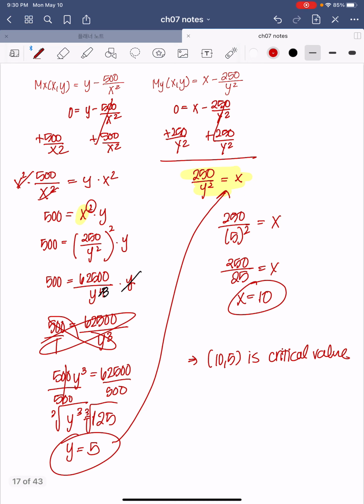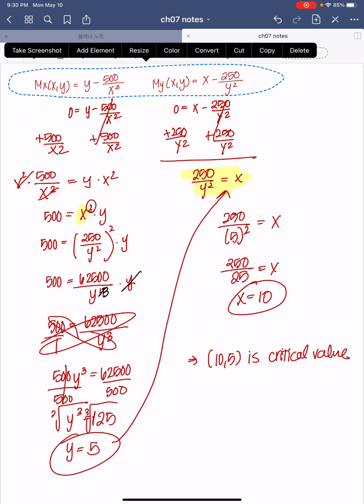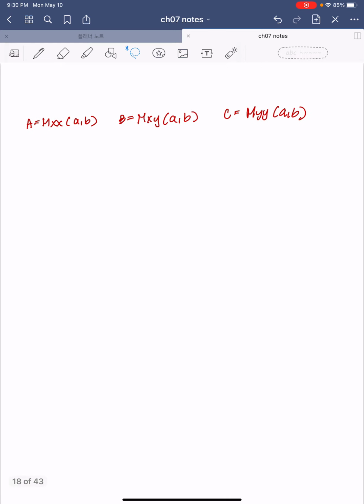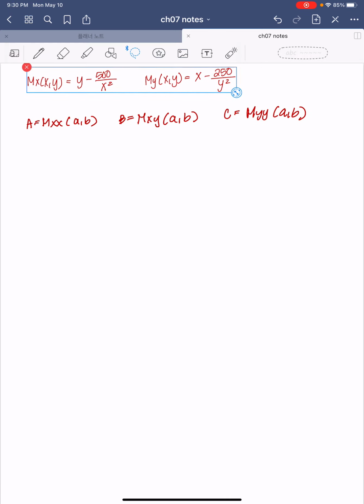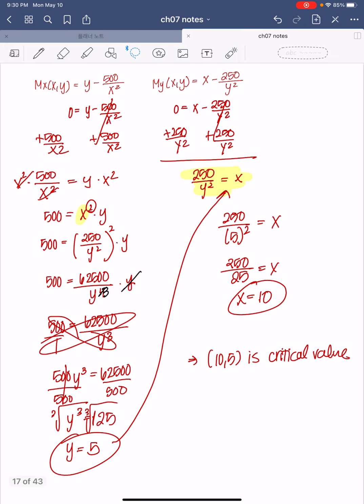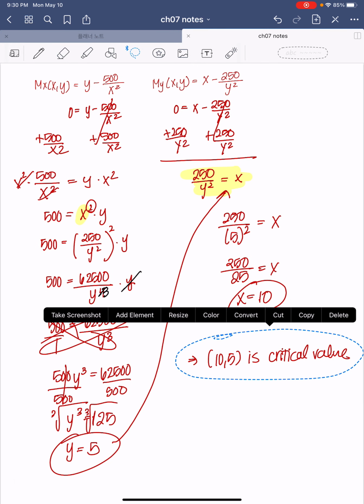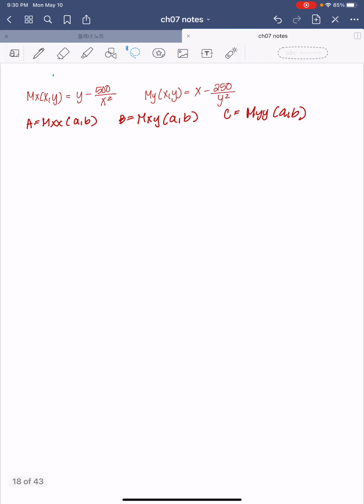And I'm going to copy these two. And then also note that this is our critical value.